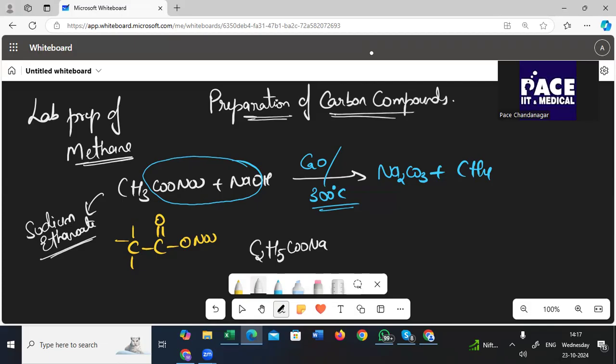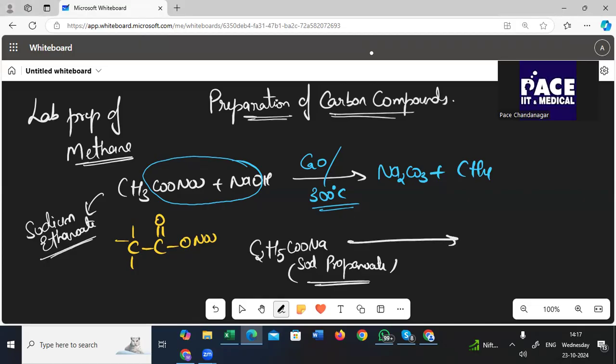In the place of H, you have sodium, so that's the reason it is called sodium ethanoate. And this is sodium propanoate, because you have three carbons here: two carbons here and one carbon here. Same again in the presence of calcium oxide and fuming NaOH.